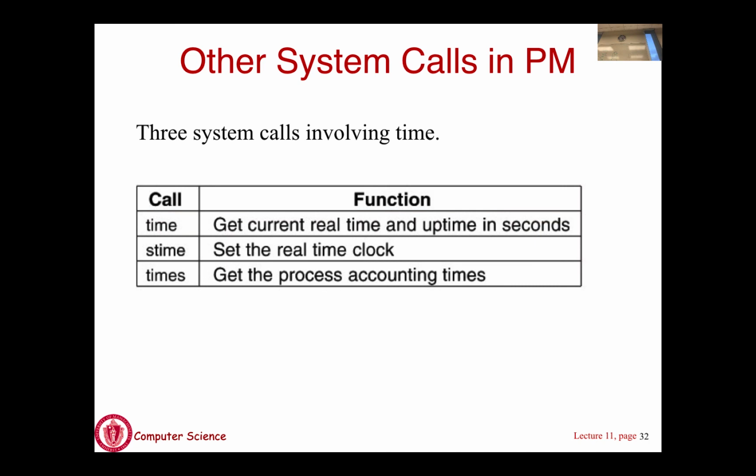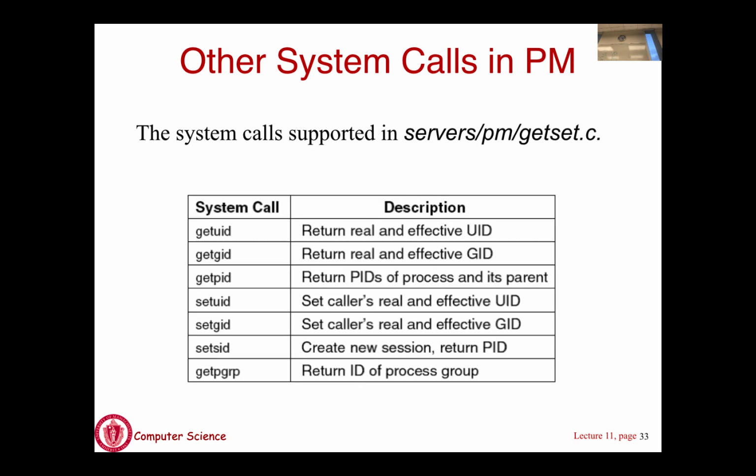You use library functions, but those library functions call some of these functions. This is doing process accounting: how long did the process run, when did it start, and so on. There are several others that allow you to get IDs of processes, groups of processes, or change process groups, which in this class you probably are not going to encounter much, but you should know they are there.